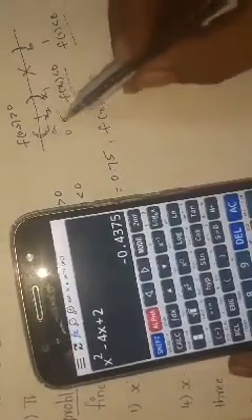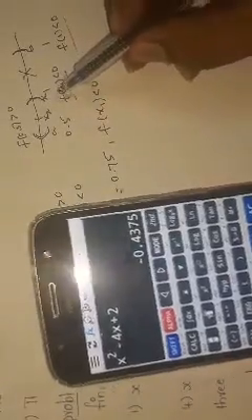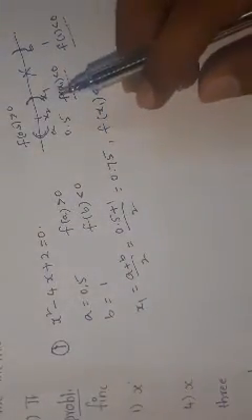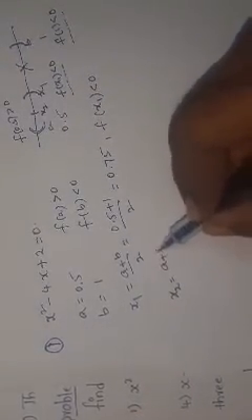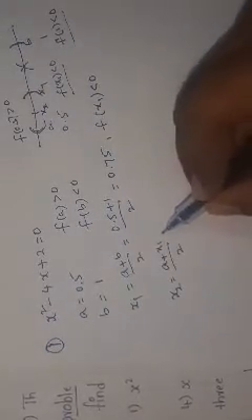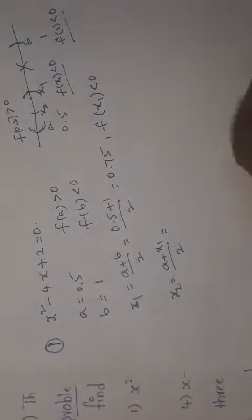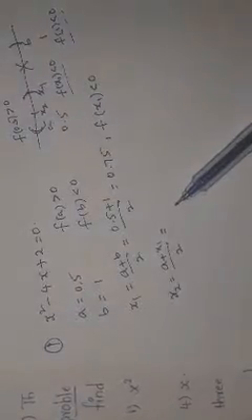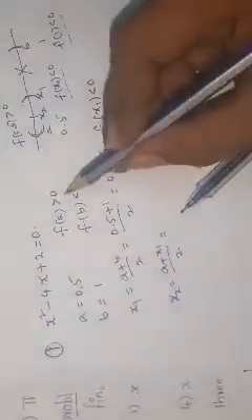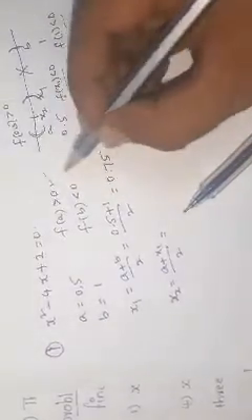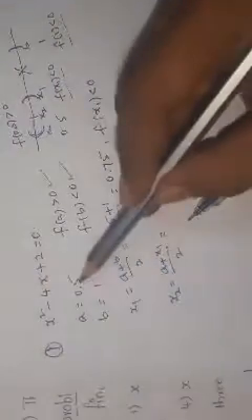So when it lies between a and x1, by the bisection method we write the formula as x2 is equal to a plus x1 by 2. Every time you can mark which is positive and which is negative, so the root lies between a and b.